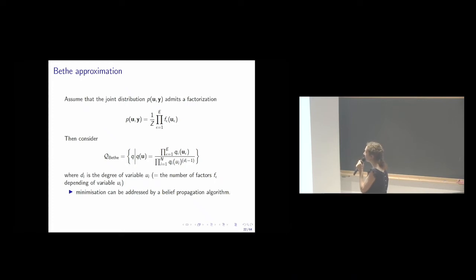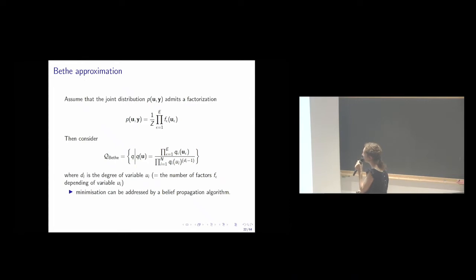So here I introduce a new notation. U of epsilon is a kind of partition of the set of variables of interest. I will give you a little example in the following slide.